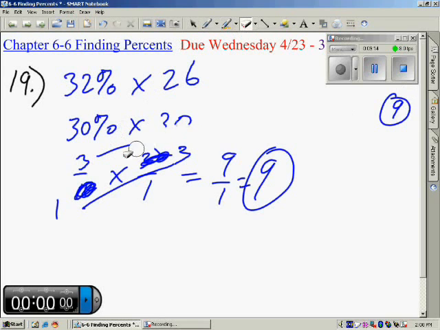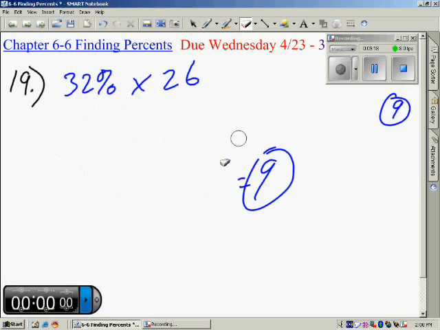Let's go ahead and see what the book got. The book estimates 32%. If you go to the chart, the closest thing would be 33 1/3%.